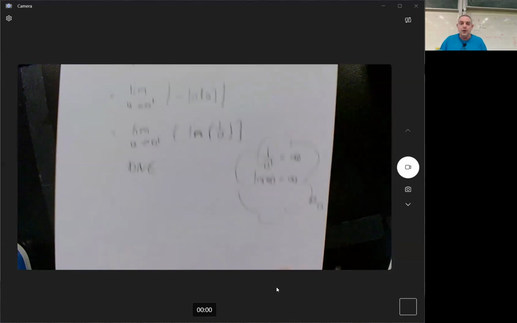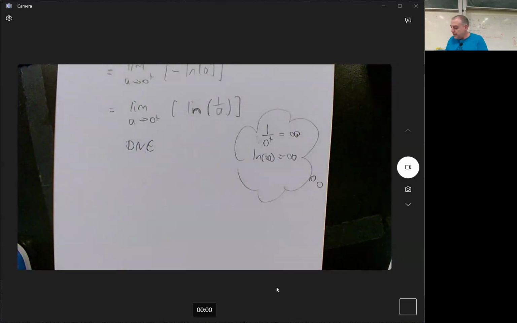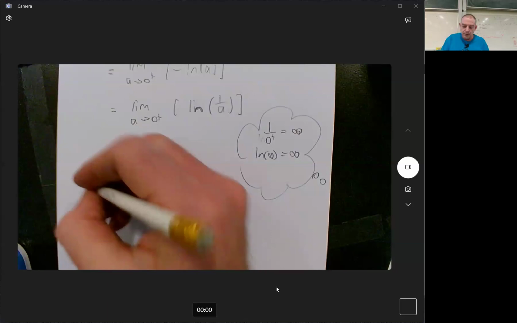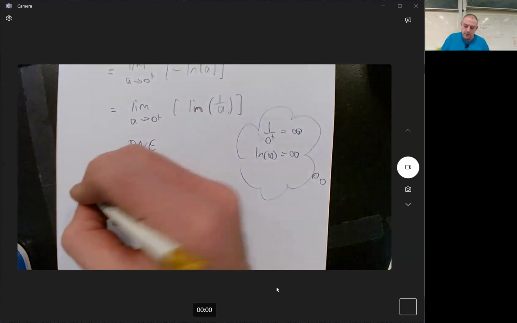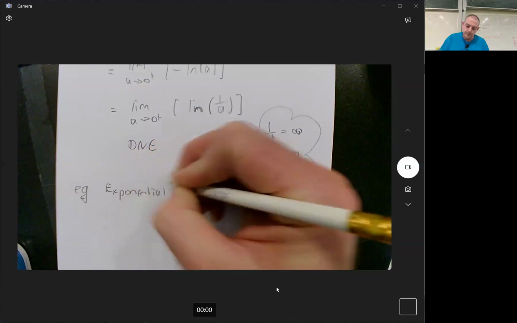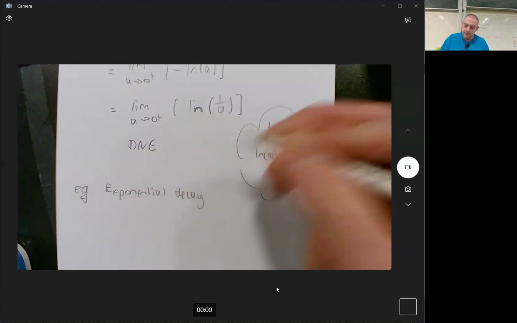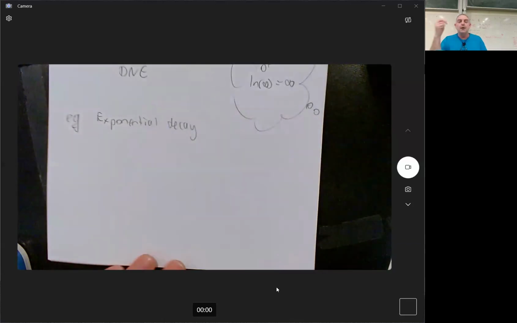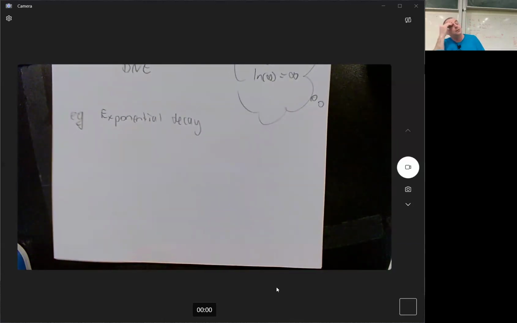Okay, I'm going to do one more because it does match up with this population growth sort of thing. See if I can remember this example.